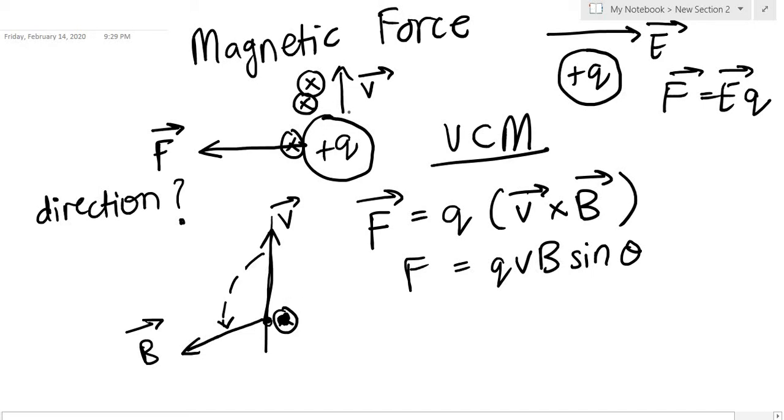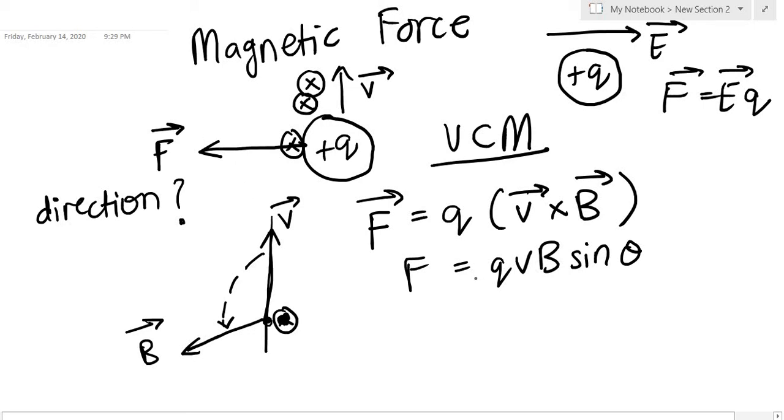So now look at this example. The V bar is straight up, the magnetic field is inwards. You can try this at home: place your right hand on the velocity and then curl your fingers downwards towards the magnetic field. Raise your thumb, and the thumb is pointing over here in the direction of this force.